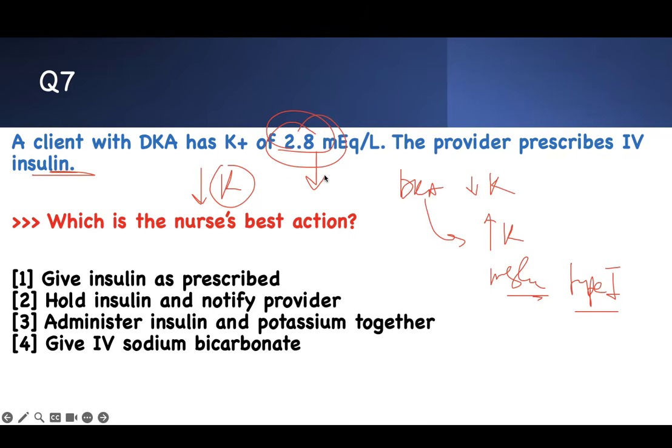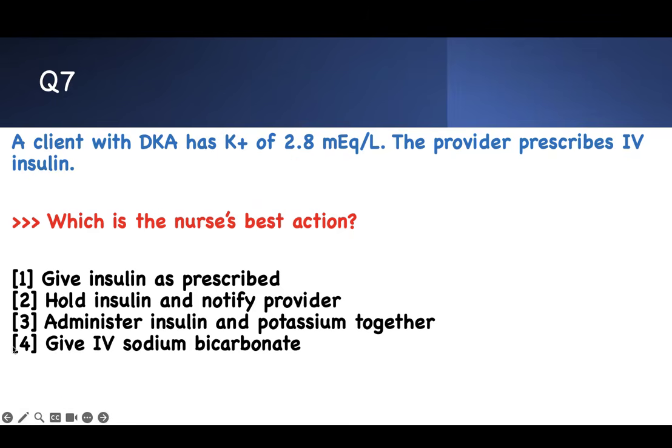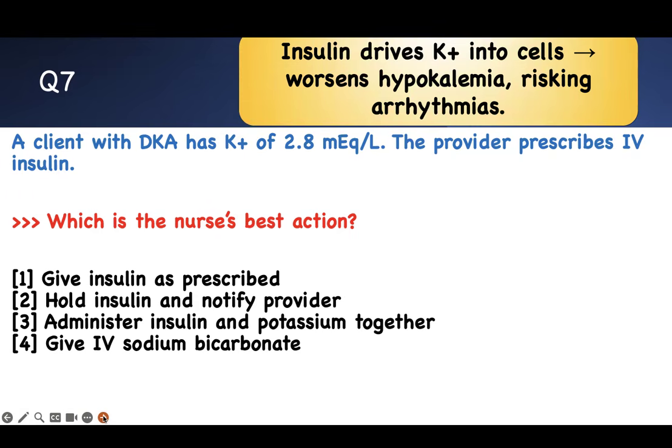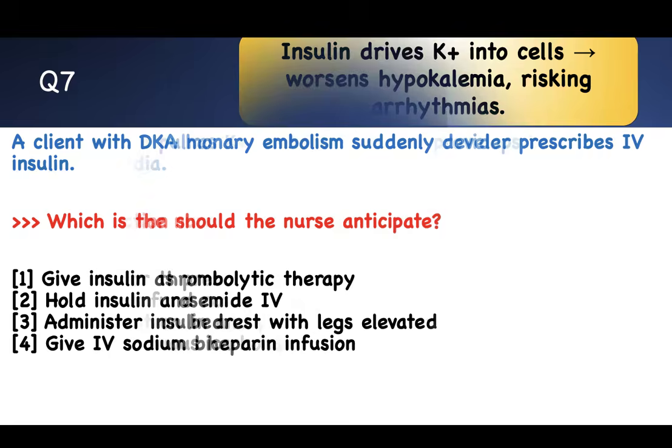It's treating the DKA, not the hypokalemia. We're treating hypokalemia. Therefore, the right answer is what? Call the doctor and say, hey, do you really want to do this? And tell the doctor. So the nurse should question the order.